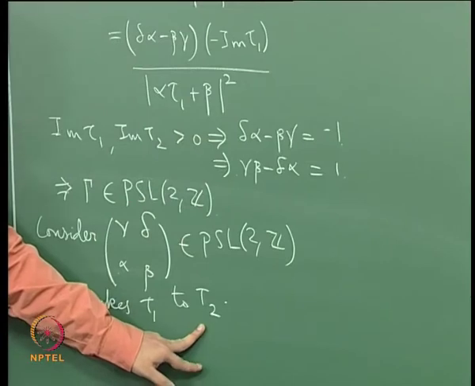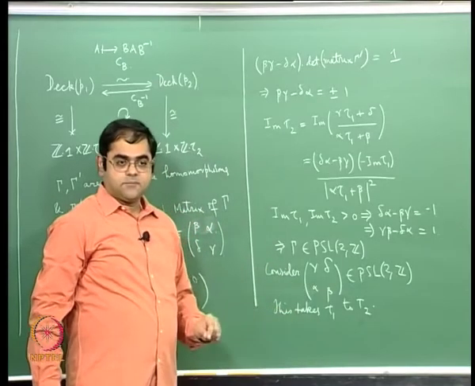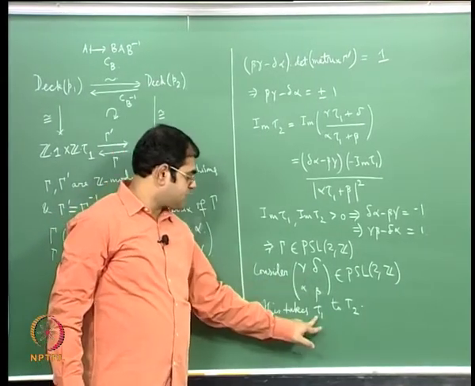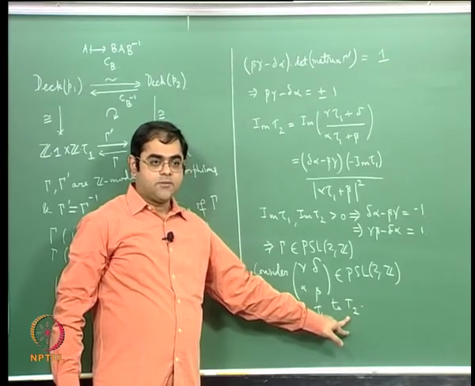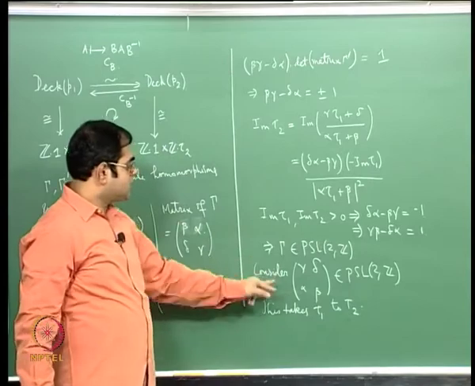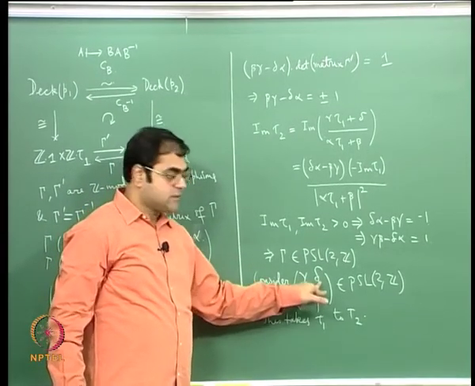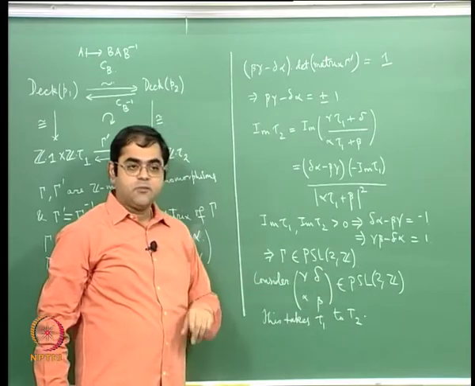Now the point is that this whole argument can be reversed. Conversely, if I am given a PSL2 element which takes tau 1 to tau 2, then alpha beta gamma delta are given integers such that gamma beta minus alpha delta is equal to 1.